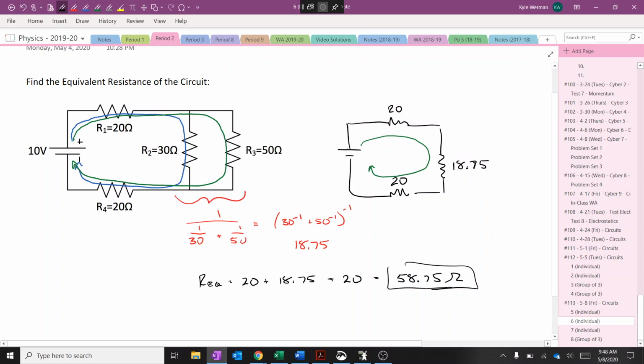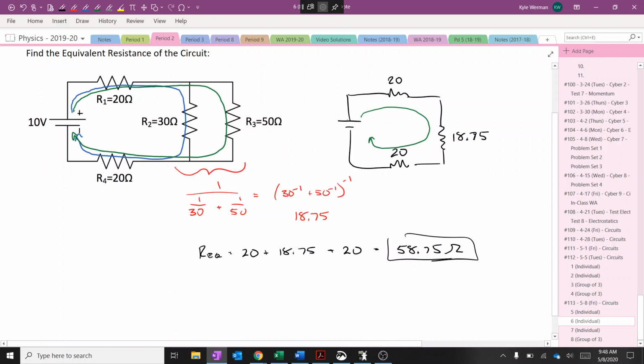All right, so again, this is one method, is to look kind of far away from the power supply and redraw where I see this parallel. Other way I looked at it was to redraw the circuit altogether by starting at the positive end and starting to move through the circuit. So I would move through, I definitely get through R1, and then I get to a split. So I'm going to go through R1, and I'm going to hit my split.